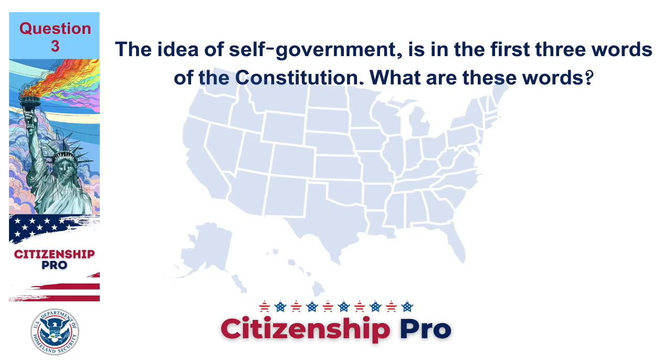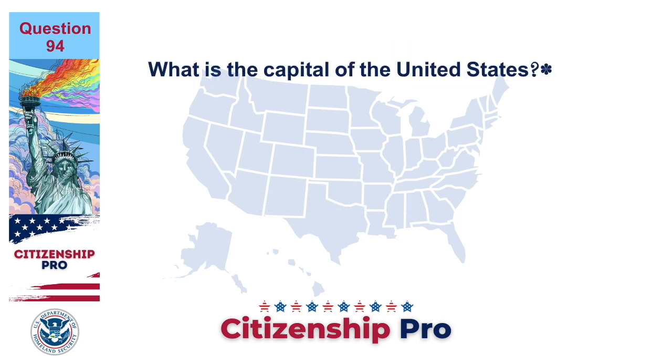The idea of self-government is in the first three words of the Constitution. What are these words? We the people. What is the capital of the United States?